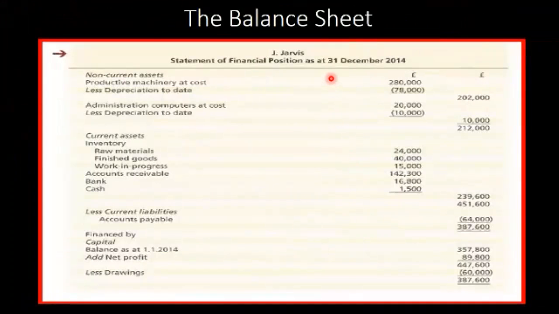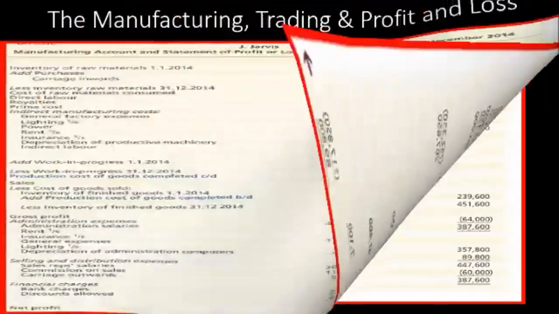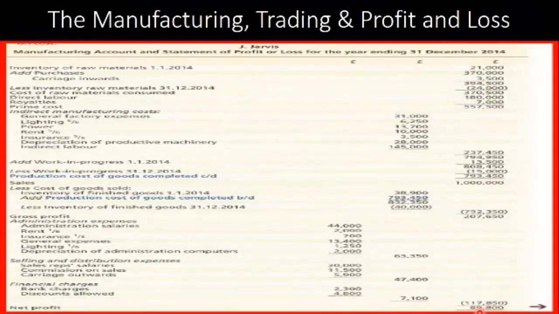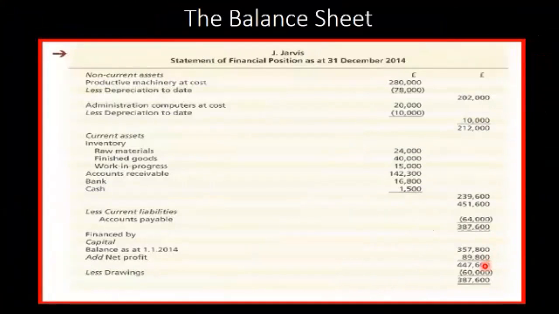Okay, the balance sheet, the net profit from the income statement comes in here, 89,800. You could see it here, 89,800, and it comes in here. And notice the 387 balances with the 387,600 here, right?